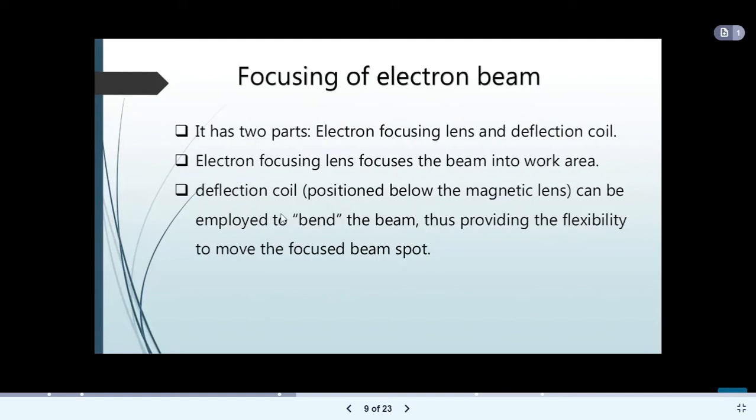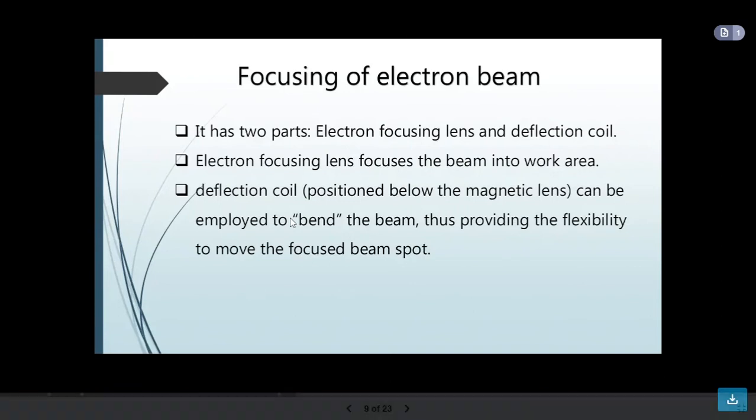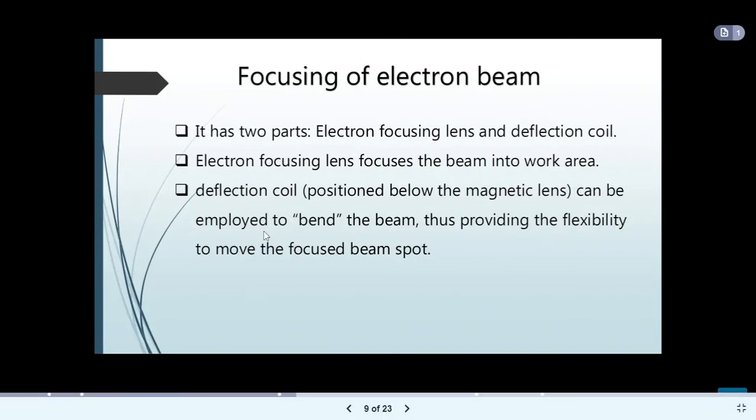The deflection coil is positioned below the magnetic lens, meaning this deflection coil is placed below the focusing coil. It can be employed to bend the beam, thus providing the flexibility to move the focused beam spot.